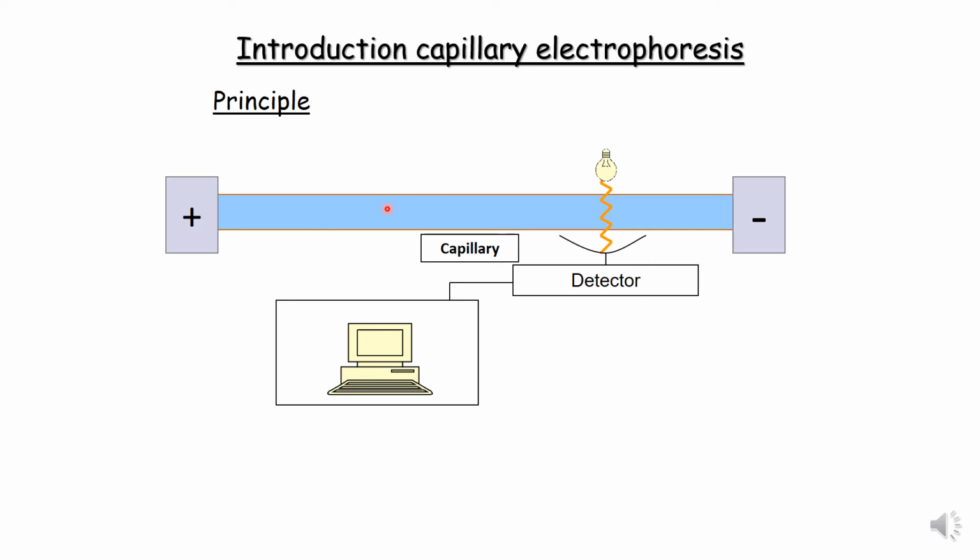The background electrolyte allows to apply an electric field between the anode and the cathode. You also have a detector. The detector is generally in the capillary, near the end of the capillary. And after that, of course, you have the computer system.